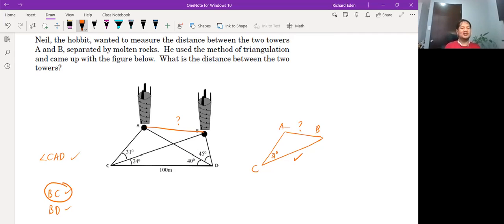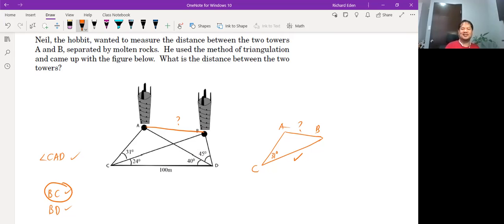I know the angle opposite it, which is 31 degrees. Now, I already saw earlier how I can find BC. So can we find AC? We found BD. If it's possible to find BD, it's possible to find CA too.